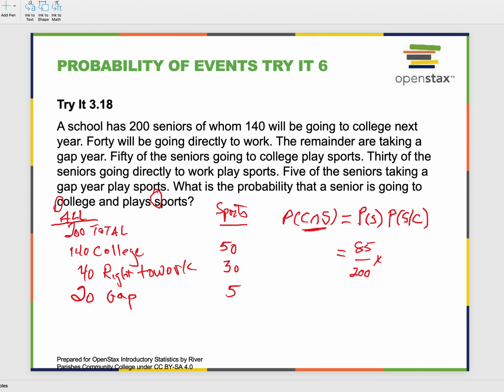Sorry. What do we have here? How many in this set? They're going to college and they play sports. We have 50. How many do we have in the whole class? 200. So it's 50 over 200, or it's equal to 1/4, or it's equal to 0.25. There's no need to do anything else. We can just, because we can count all the parts.